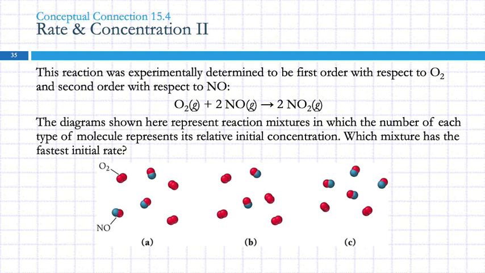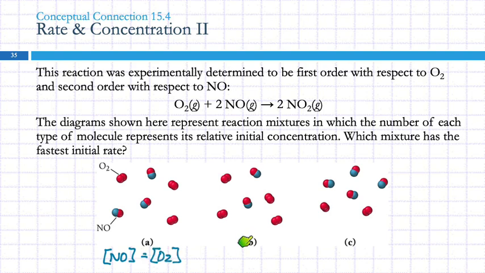Well, we can't just plug things into an equation, right? We have to think about this one. So in panel A, we have an equal number of NO and oxygen. Right? So I'm just going to make a little note of that because we're going to forget by the time we get to C. So here, they are equal.